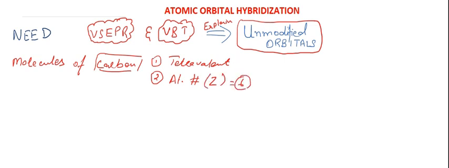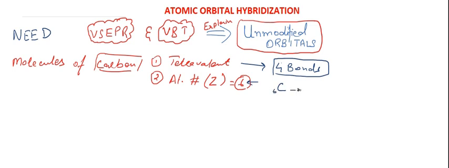By tetravalent we mean that carbon can make 4 bonds. But when we look at the atomic number of carbon, it is actually 6.